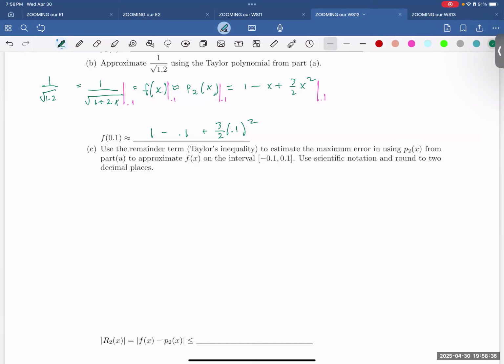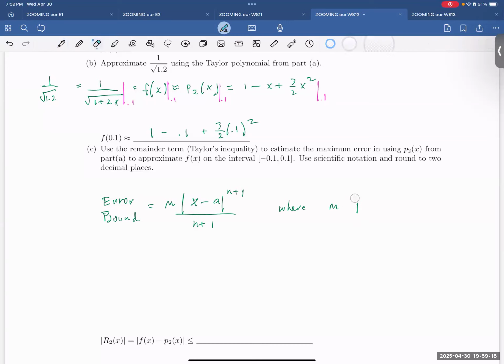Okay, so the error bound, let's see, the maximum error. Error bound is M times absolute value of x minus a to the n plus 1 over n plus 1 factorial, where M is bigger than or equal to the size.